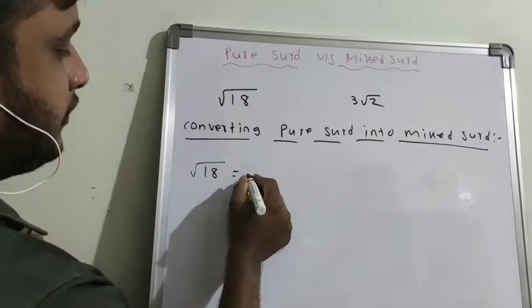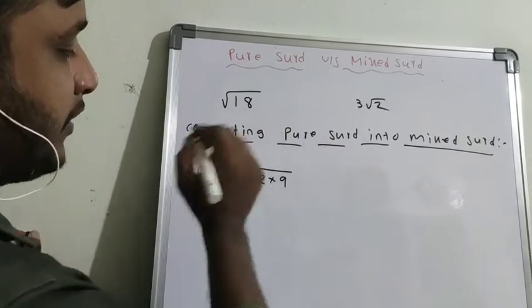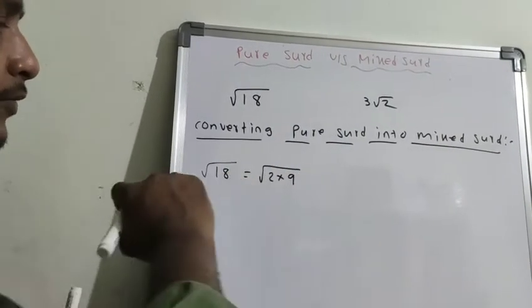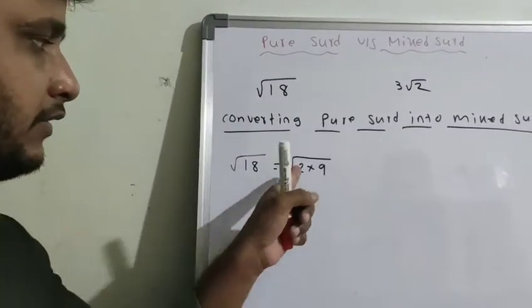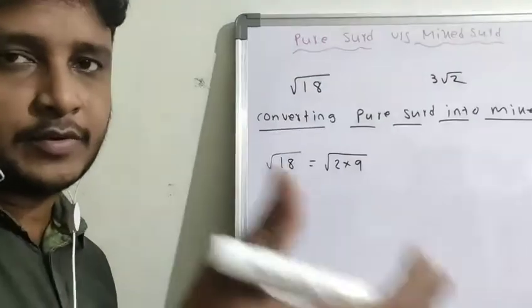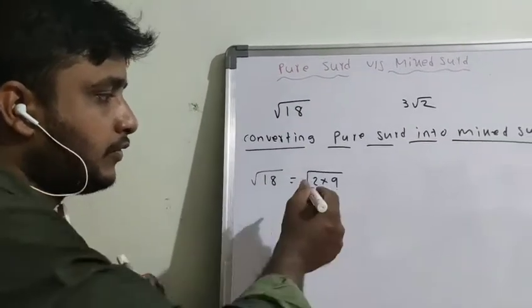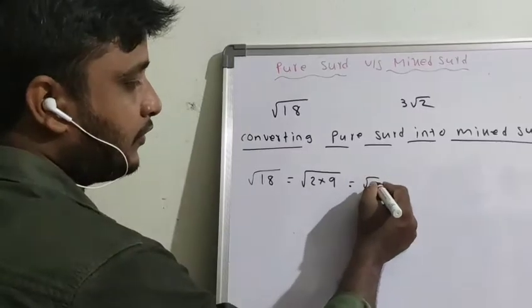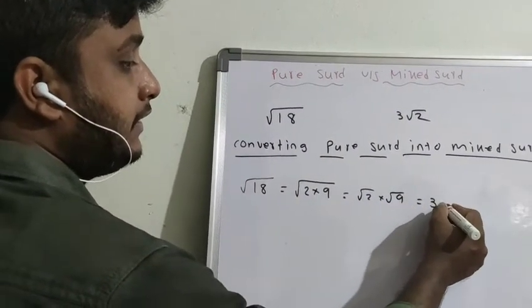This root 18 we have to write as a product involving a perfect square. If it is a square root, then the product of a perfect square. If it is a cube root, it should be a perfect cube. If it is a fourth root, then any number we can write to the power of 4, and we write that number's multiplication. So 2 into 9. We can write it as root 2 into root 9. Root 9 value is 3, so 3 root 2.